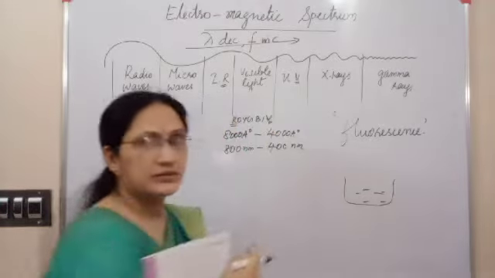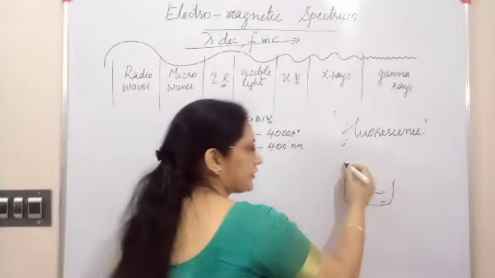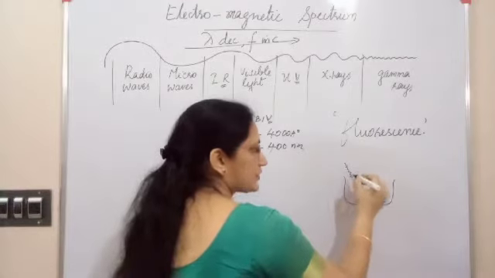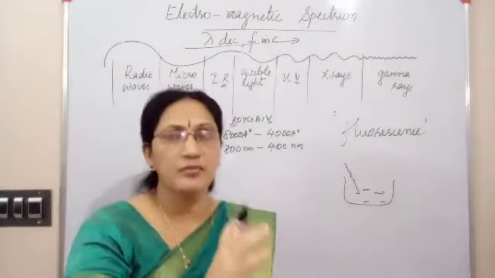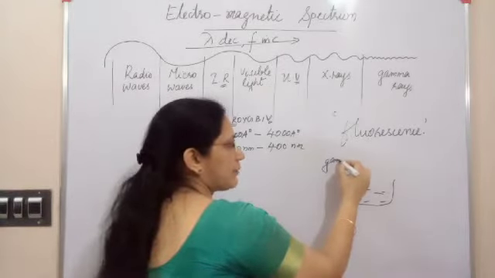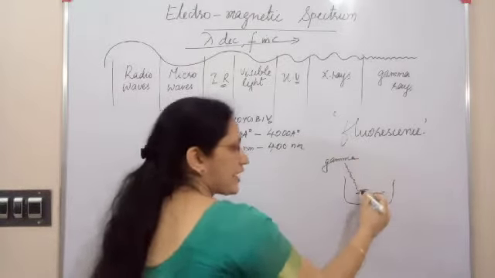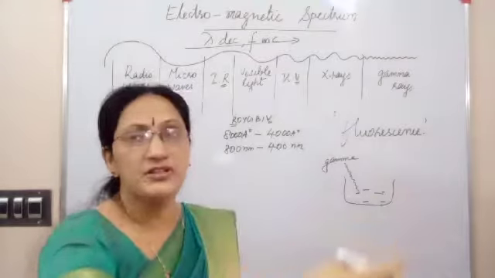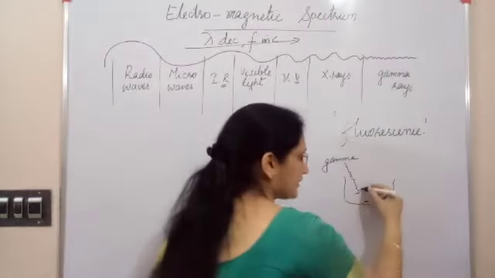When gamma radiations of very short wavelength fall on these chemicals, the chemical absorbs them and re-emits them after increasing the wavelength.